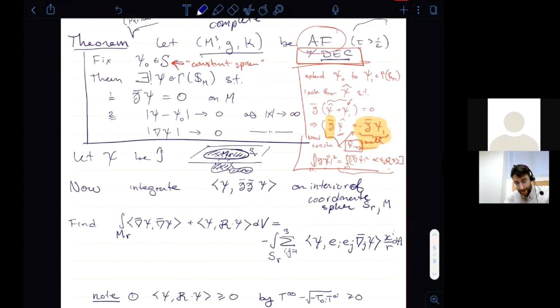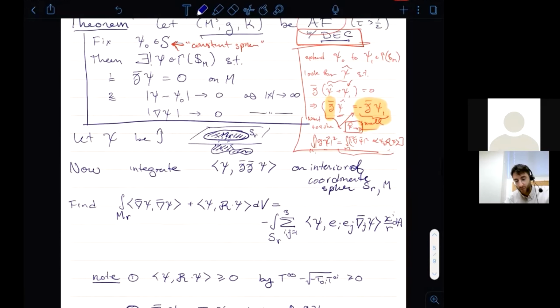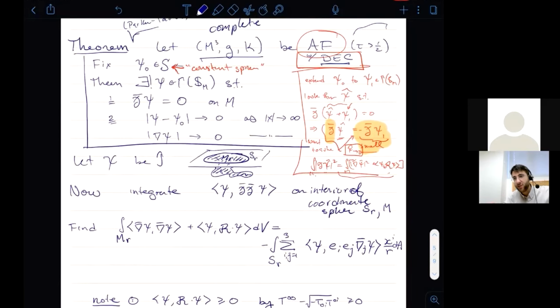Okay, so what follows will be a heuristic calculation. One should be much more careful, and again, I'll refer you to the Parker-Taubes paper and subsequent papers in the bibliography. One should be rather careful about the asymptotics of the spinor, which I've been a little bit lazy about, and when you do this integration by parts, you have to take some care.